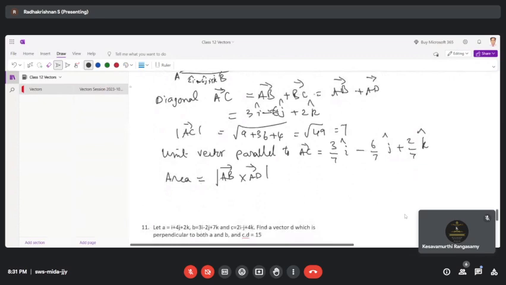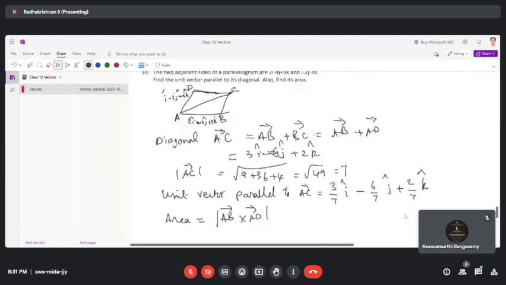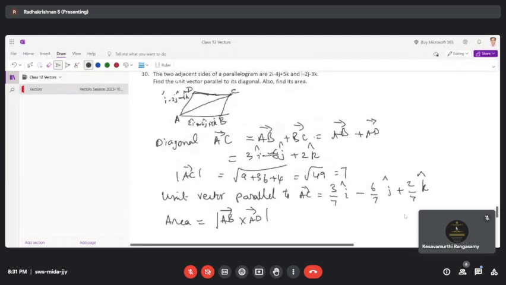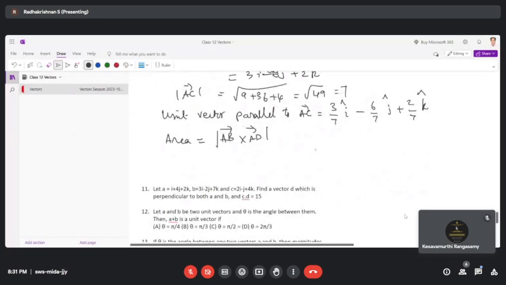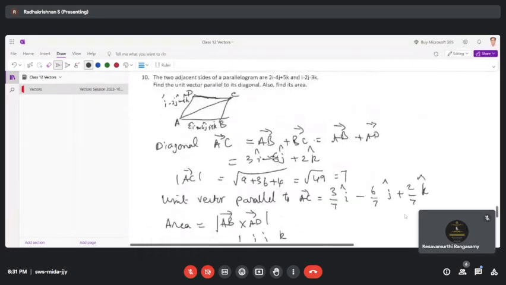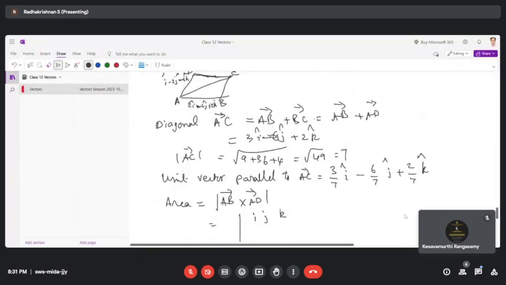So they're given that equation. These are the two adjacent sides. So you simply write the two given sides. 2, minus 4, 5.